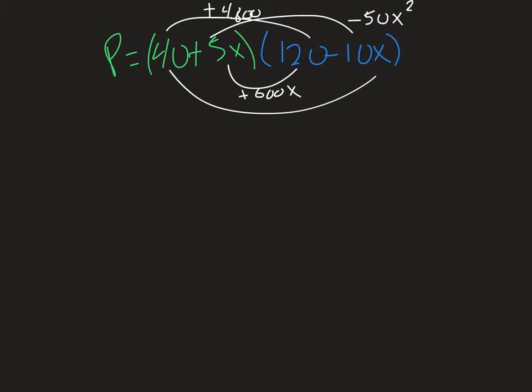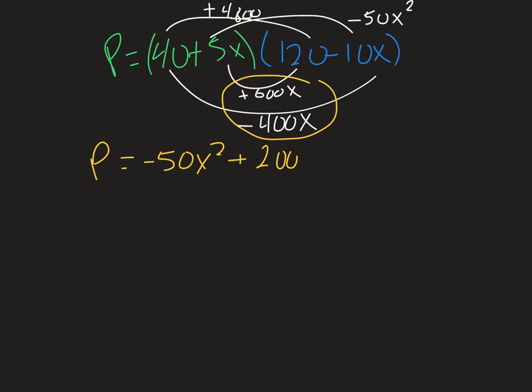And then we have 40 times negative 10x, which is negative 400x. We're going to put it all together with all these terms, and recreate our equation in standard form. So our profit is going to equal negative 50x squared. I'm going to combine those two like terms while I've got them here, so this will be plus 200x plus 4800.